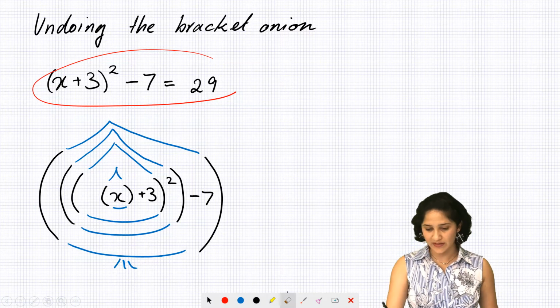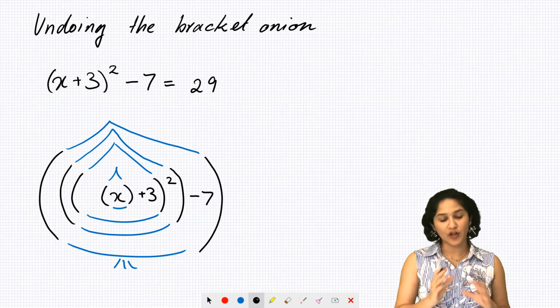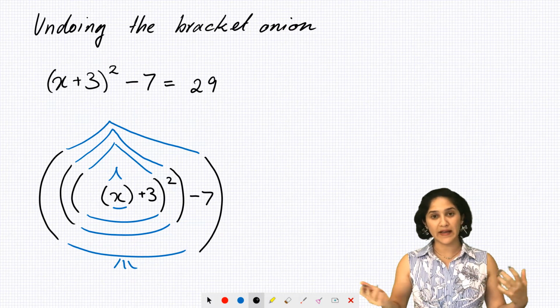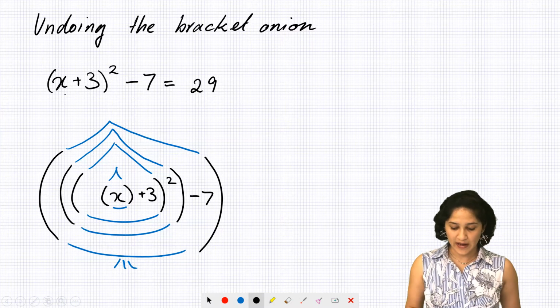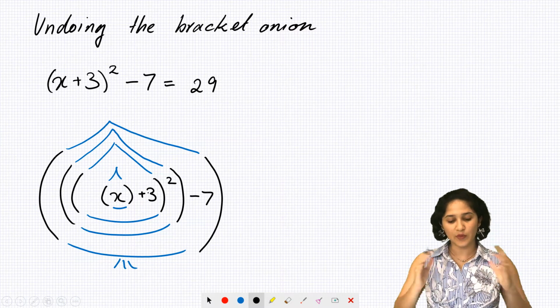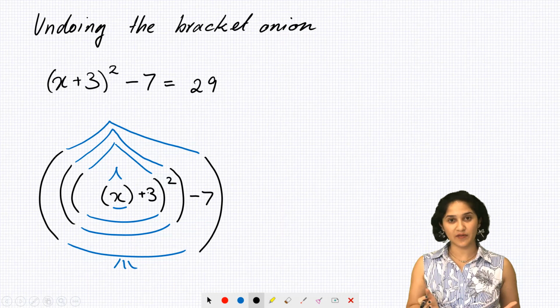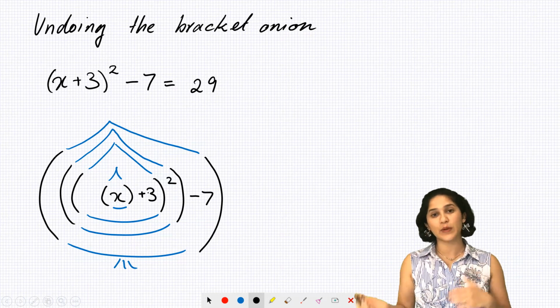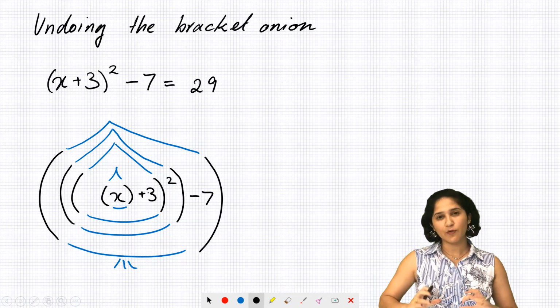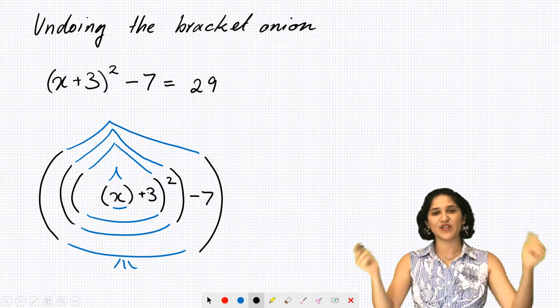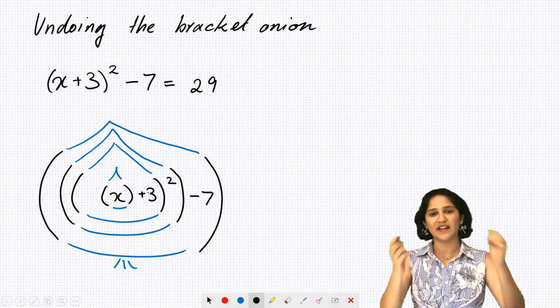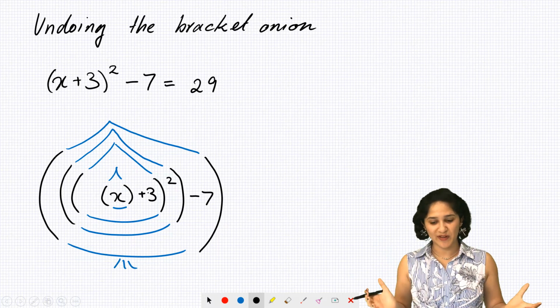So if I look at this expression on the left, I've got (x plus 3) squared minus 7. So I can see that to the x, we're adding 3, then we're squaring it, then we're subtracting 7, and the whole thing equals 29. Okay, so the only way to unwrap an onion is to go outer layer first, and then inner layer, inner layer, inner layer, unwrap the whole thing.